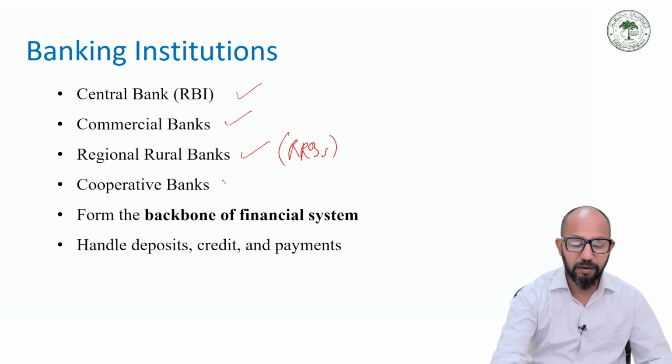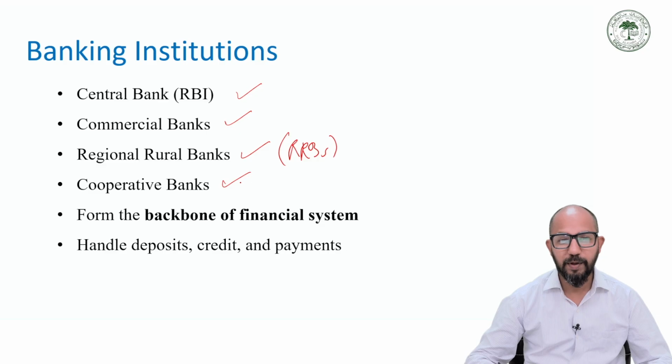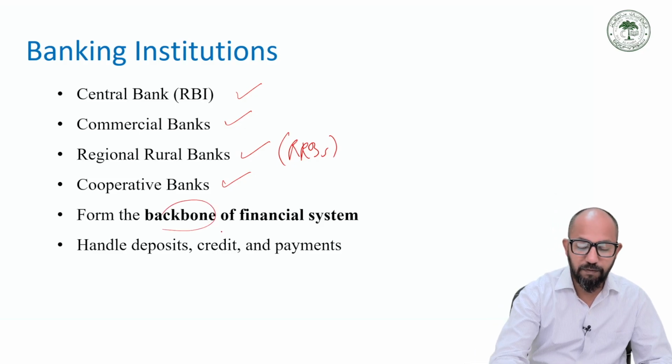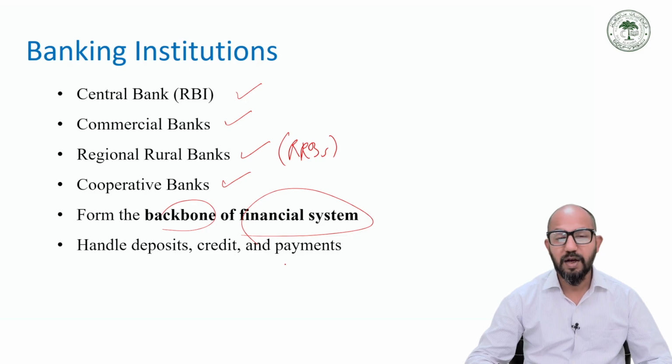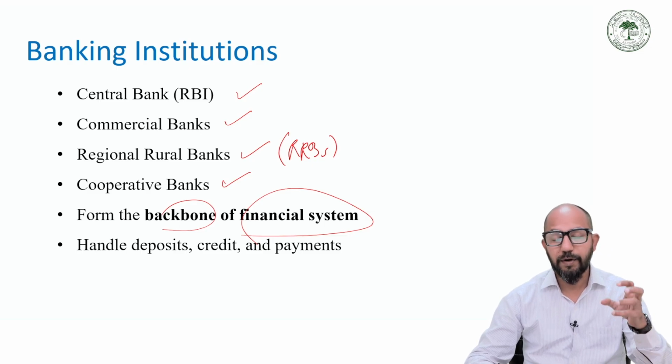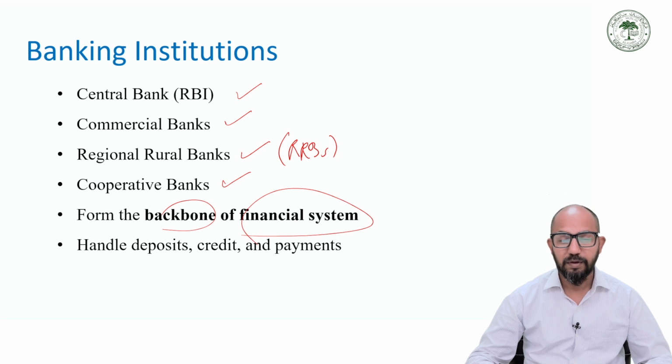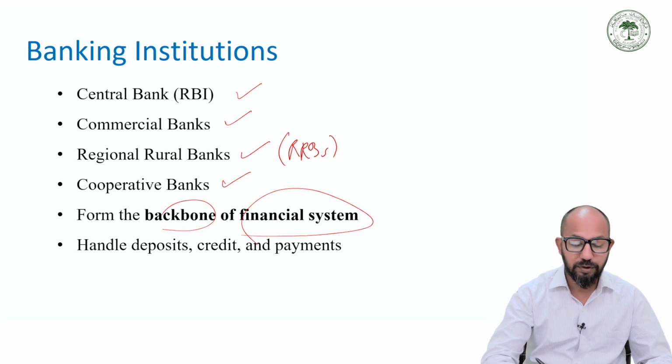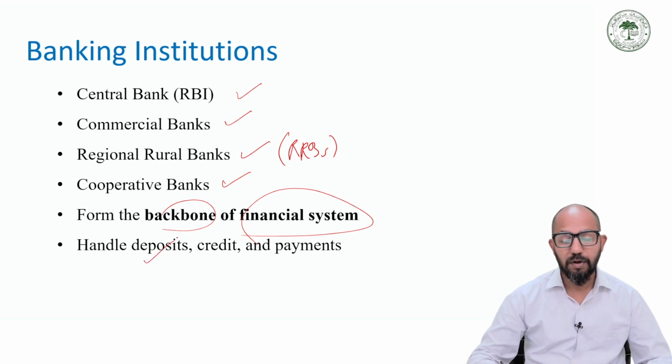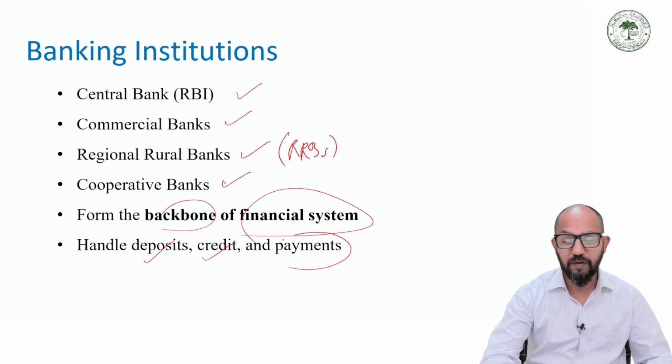Cooperative banks are there with the objective of helping people, particularly in sectors like agriculture, being a priority sector. These banking institutions form the backbone of the financial system because largely the day-to-day finances and their issues are dealt with by banks. Thus, these banking institutions handle deposits, also take care of credits, and also make necessary payments.